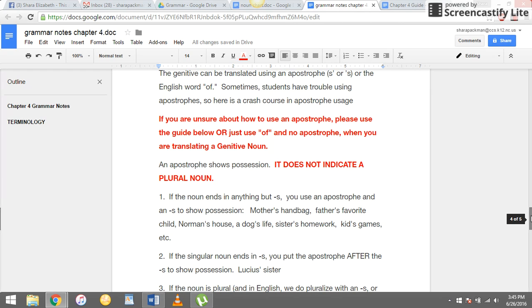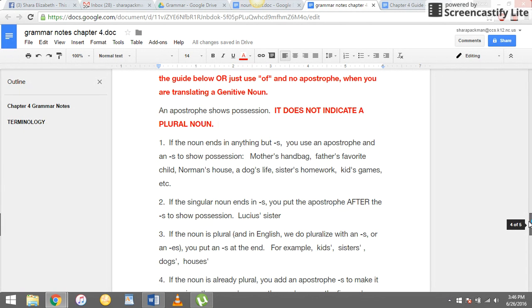If you're unsure about how to use an apostrophe, use this guide, or just use of and no apostrophe, because if you use the apostrophe incorrectly, I'm going to mark it wrong. An apostrophe shows possession. It does not indicate a plural noun.